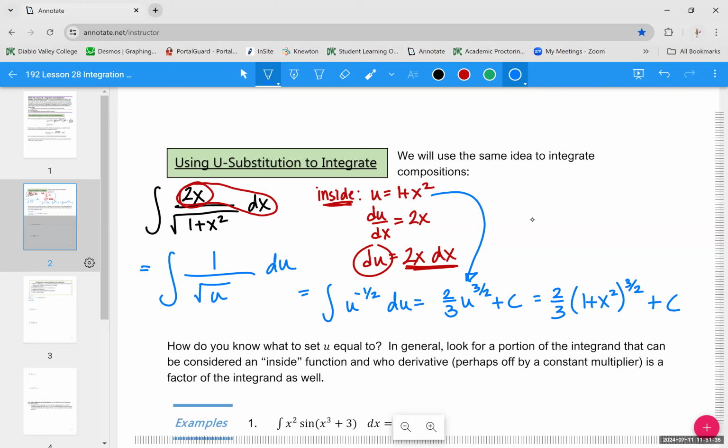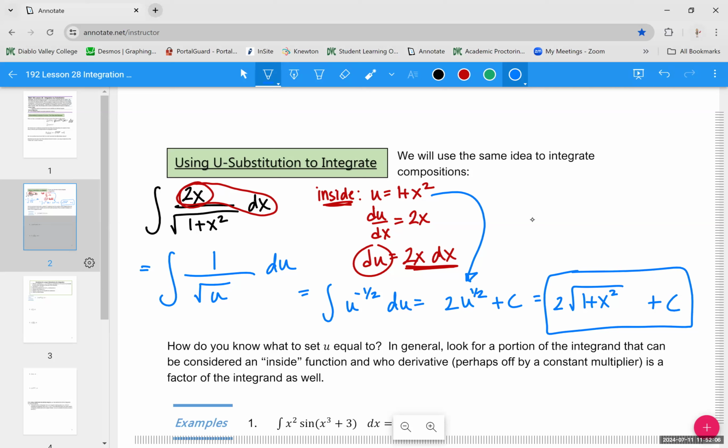Oh, I added wrong, didn't I? I sure did. It's not 3/2. Let's try that again. Negative 1/2 plus 1 is 1/2. Flip that. That looks a little better, doesn't it? Thank goodness it's the last lesson. Better? Okay. Sorry, my addition skills went out the window for a moment there.